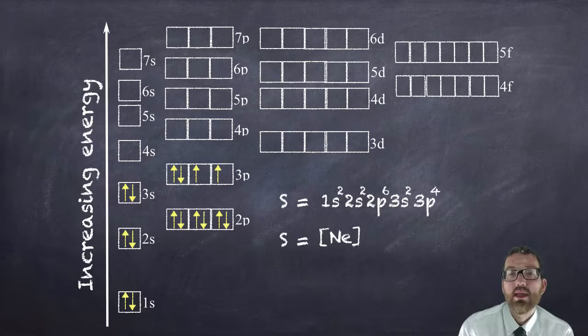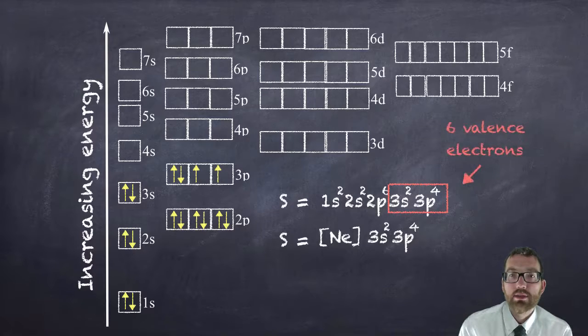And then you just write the electrons in sulfur that neon doesn't have, which would be the 3s2 and the 3p4. We'll practice more with this shorthand later in class. So there are the valence electrons: we have 6 total valence electrons.